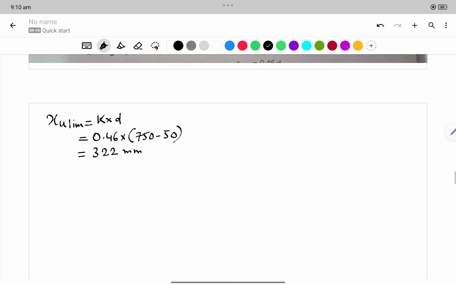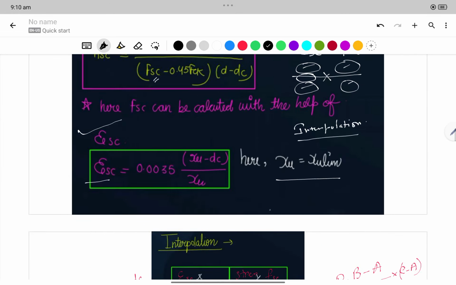Now we will calculate XU. See here, the XU formula is given.